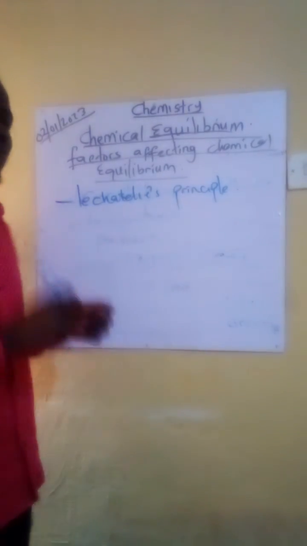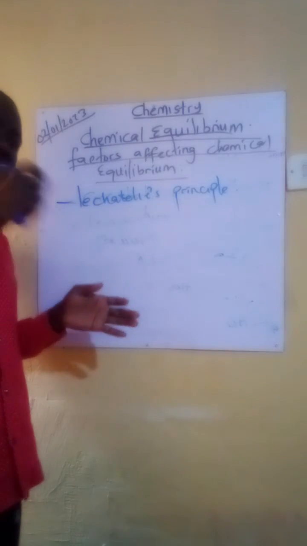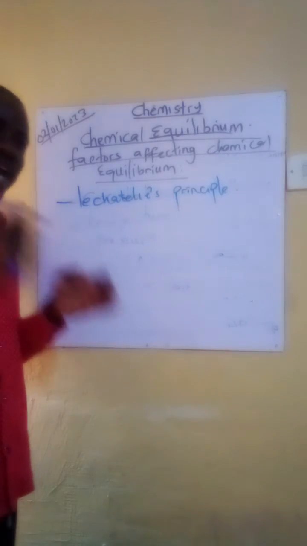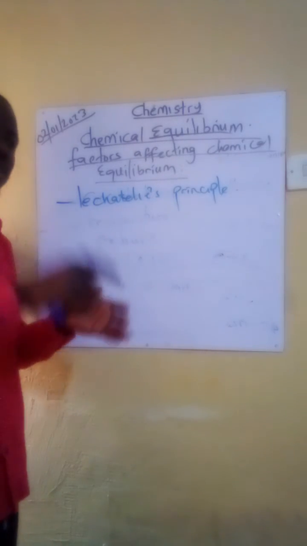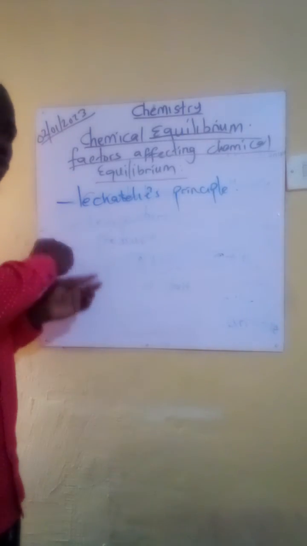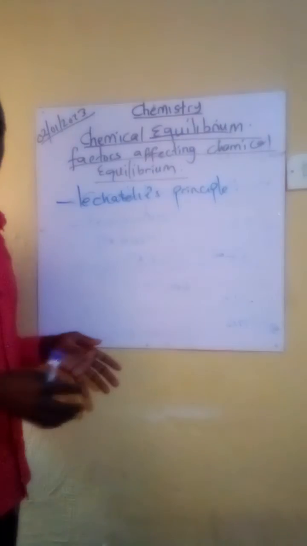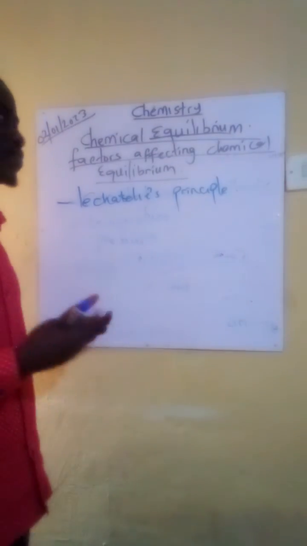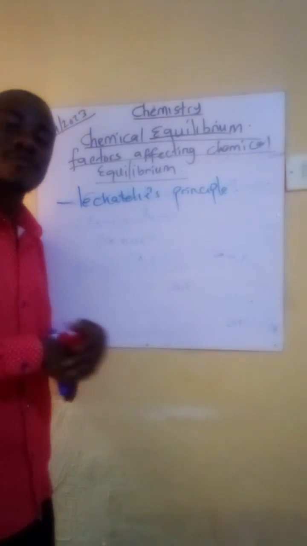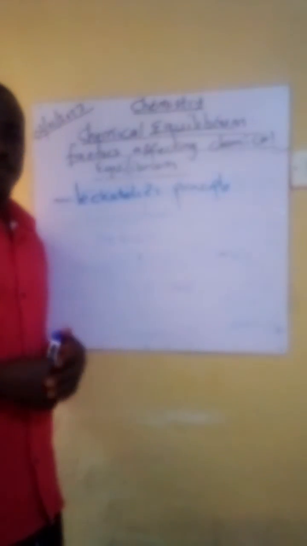How does the equilibrium system respond to the disturbance? How does it respond to it? How does it take care of it? Because you see, the equilibrium of a system is very useful in the industrial production of some chemicals, in industrial production of some gases. So it's very useful.